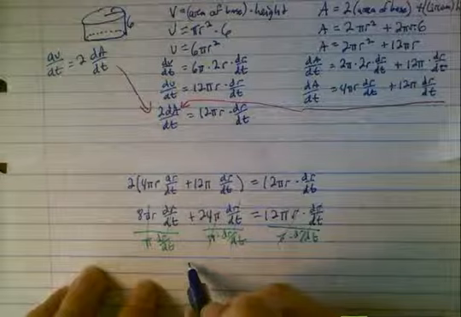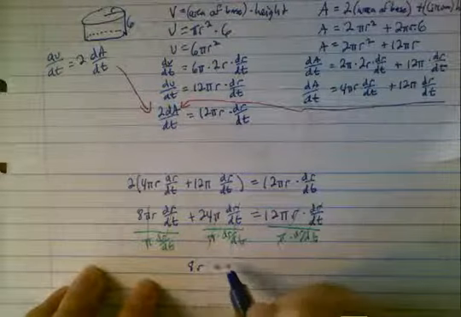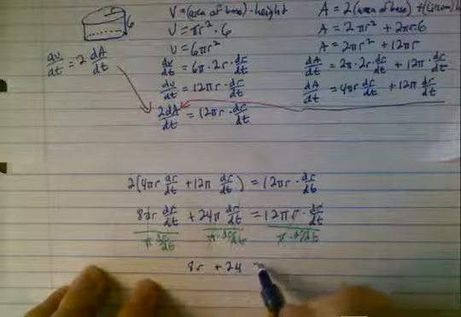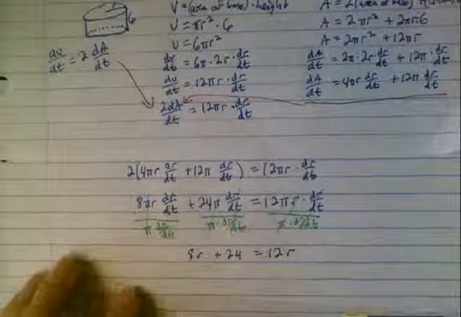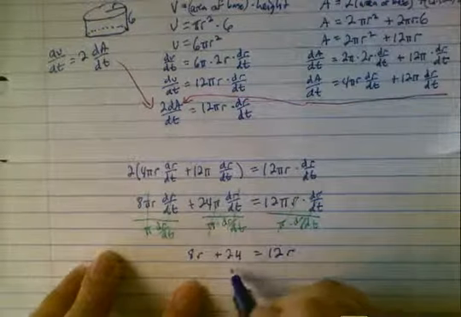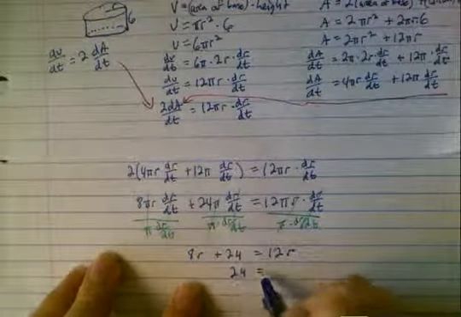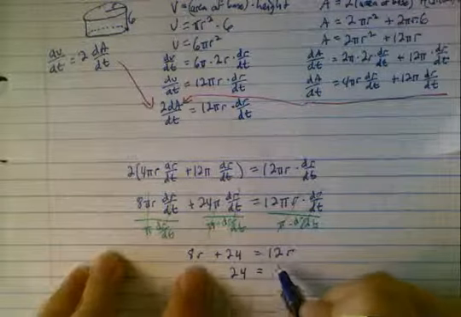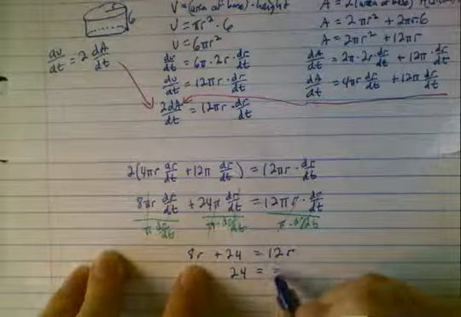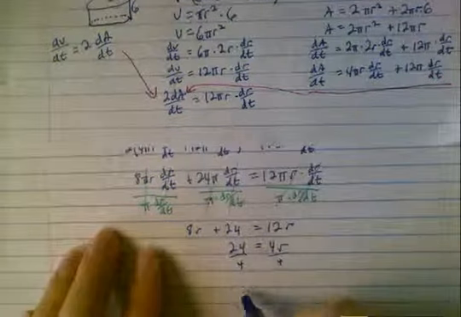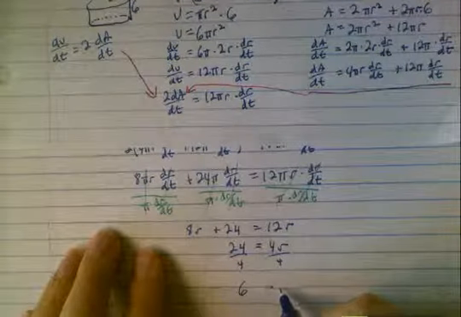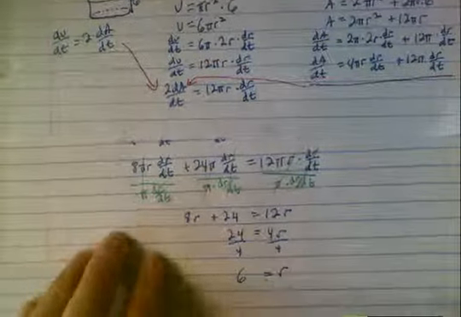So now we've got 8r plus 24 equals 12r, which makes life significantly simpler. Subtract 8r from both sides. Divide by 4. And the units are in centimeters.